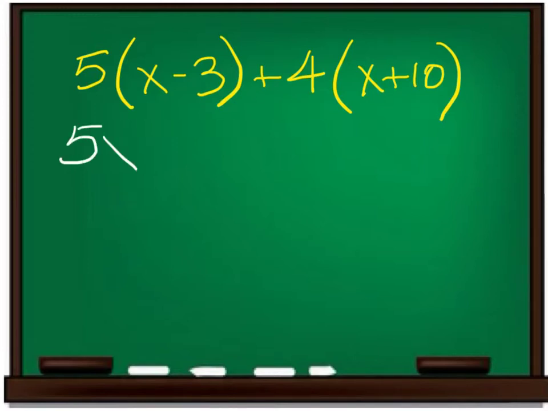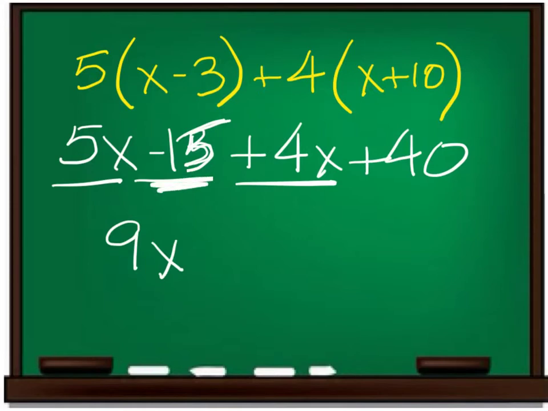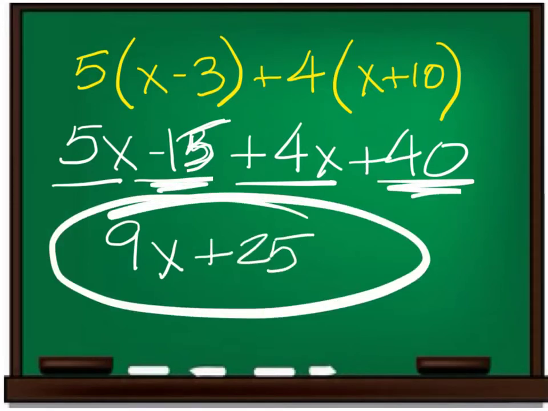You should have 5x minus 15, 5x minus 15, and then plus 4x plus 40. 5x plus 4x is 9x, and a minus 15 plus 40 is plus 25.